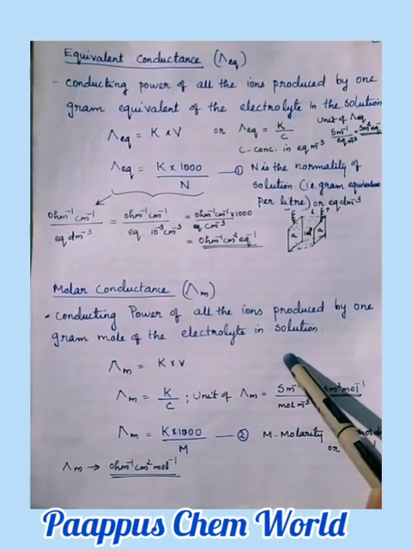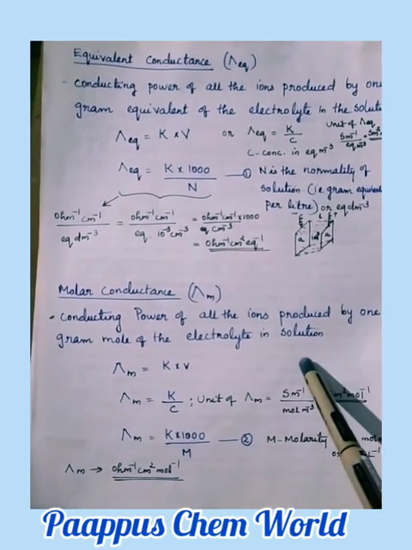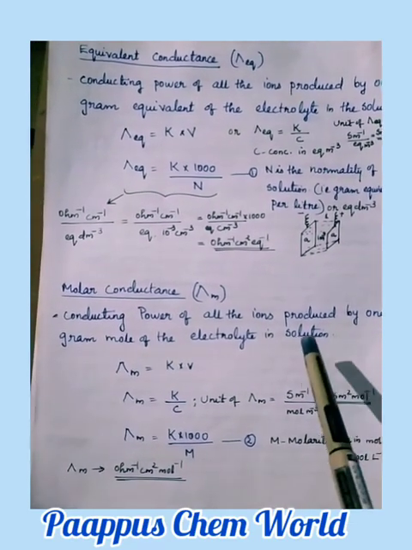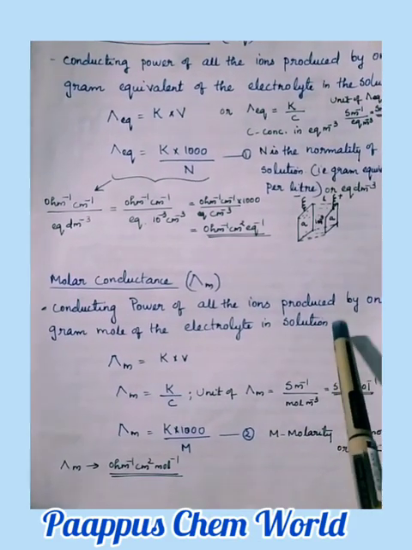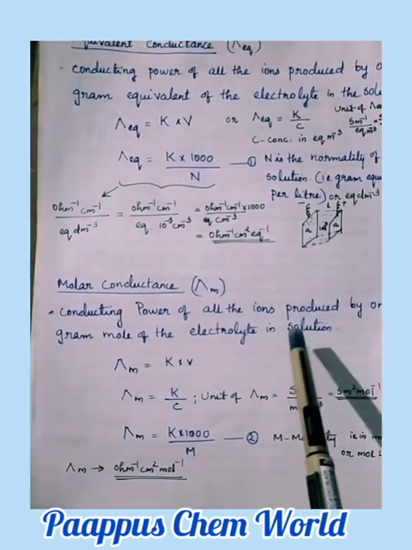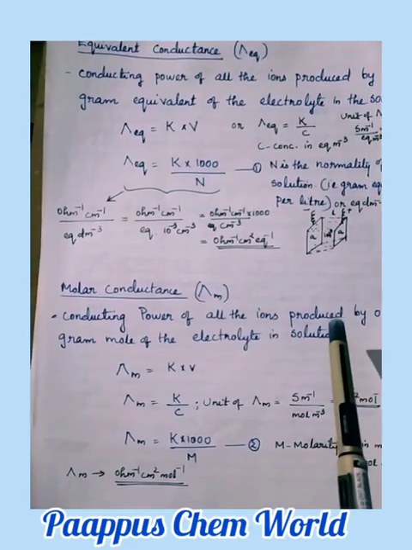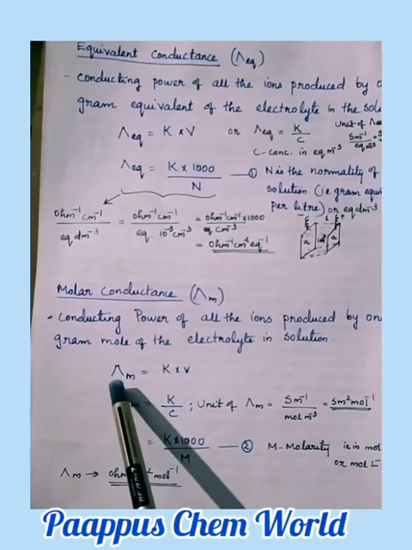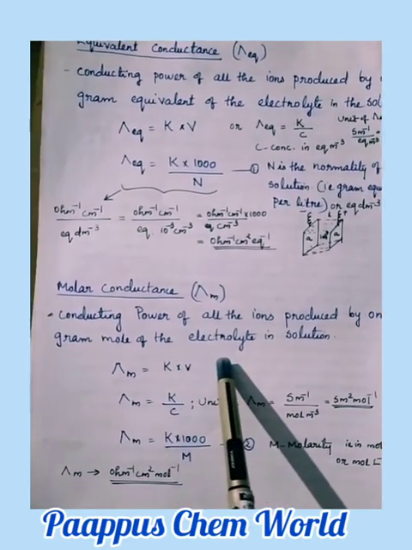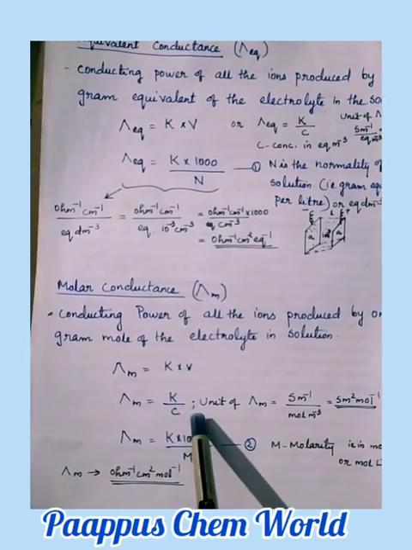But molar conductance is the conducting power of all the ions produced by 1 gram mole of the electrolyte. Here also the molar conductance lambda m is equal to K into V or K by C.